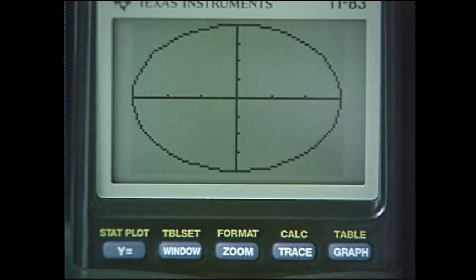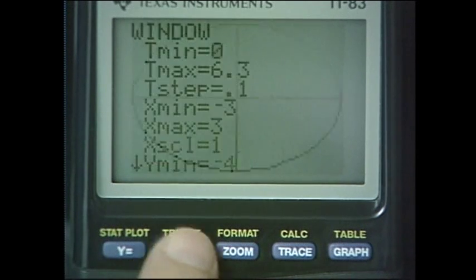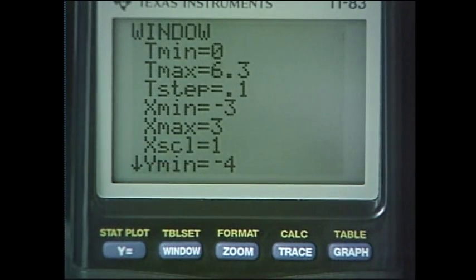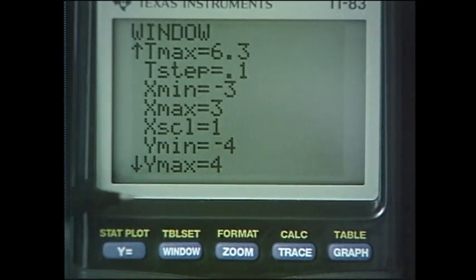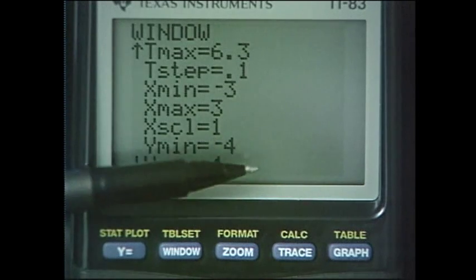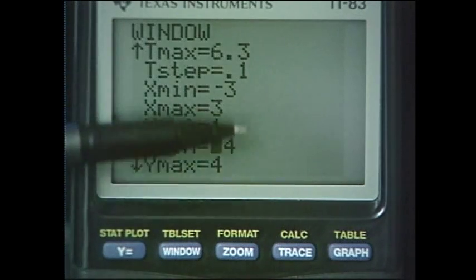But if we look at the way the window settings are composed, we can tell what that problem is. It has to do with the fact that the ratio of horizontal and vertical distance is a little off base. Here we have a y minimum of -4 and a y max of 4, and that is giving rise to a vertical distance for the entire window of 8.